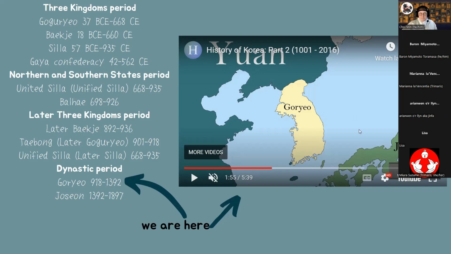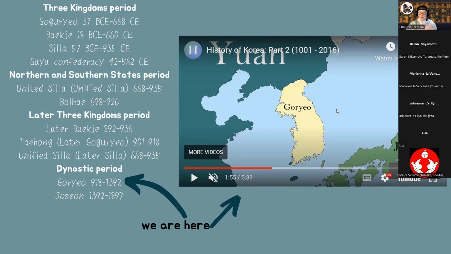And as part of this arrangement, Goryeo has to send their noble women to become Yuan dynasty princesses. They wouldn't have been the main wife, because the main wife would have been, basically they have to supply women to the Mongol dynasty.